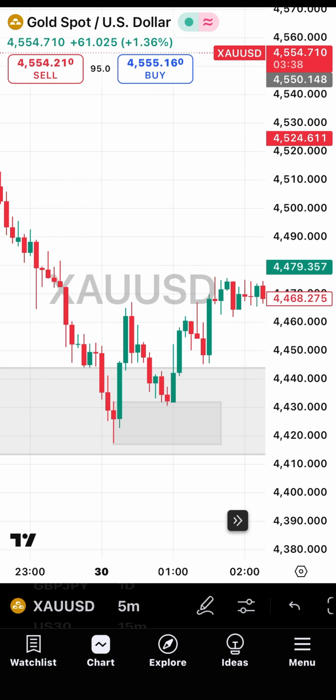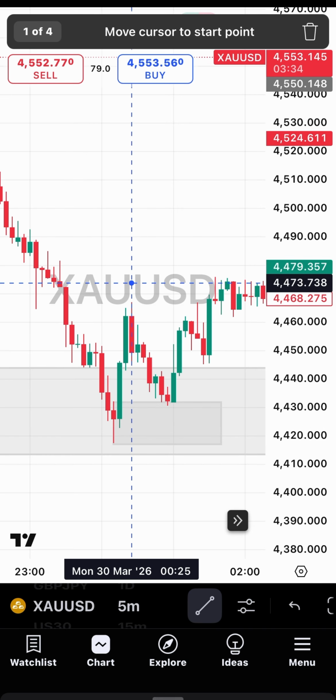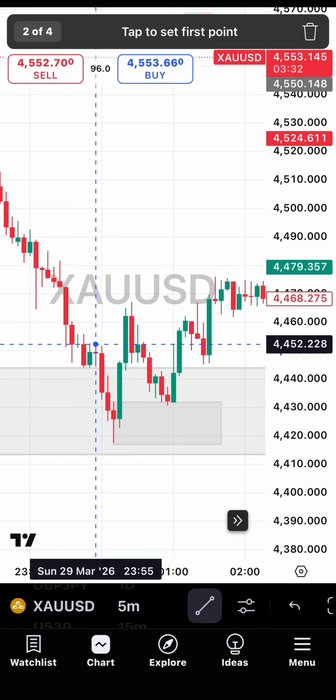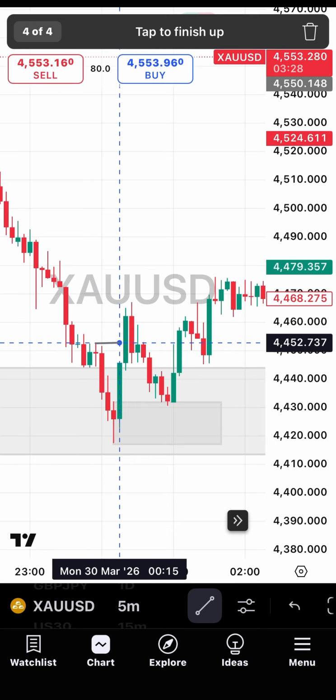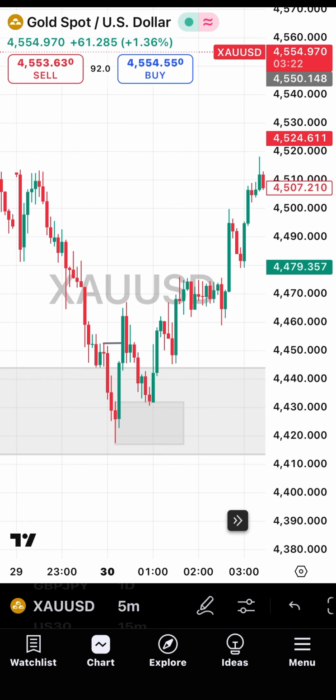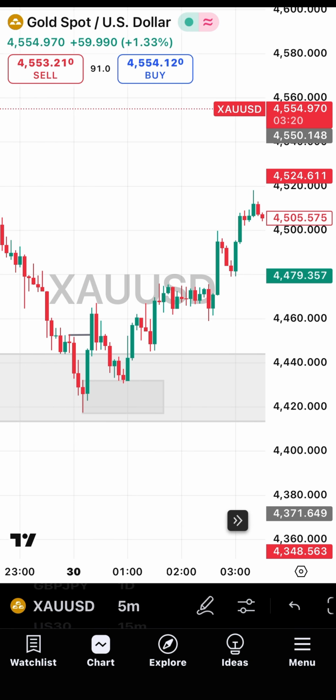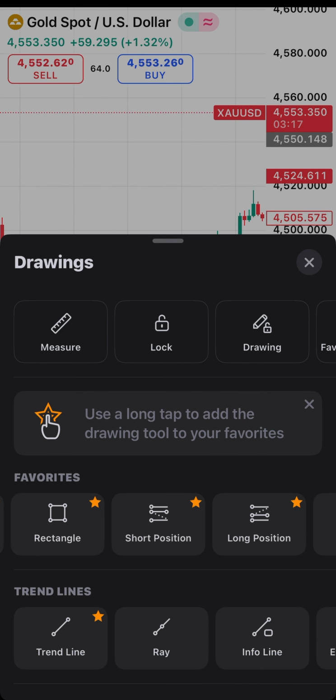On the 5 minutes time frame, I also did the confirmation pattern again, which is confirming the break of this high from the zone, and then the market did what, pulled back to this zone here.